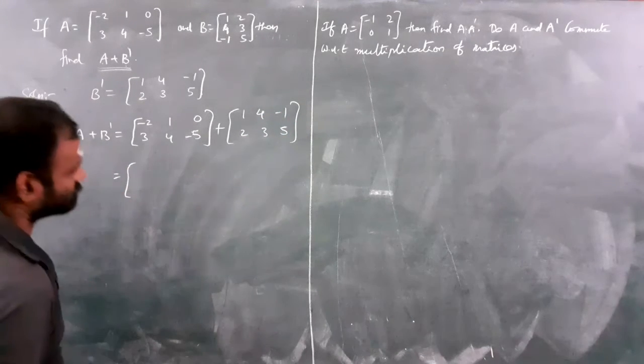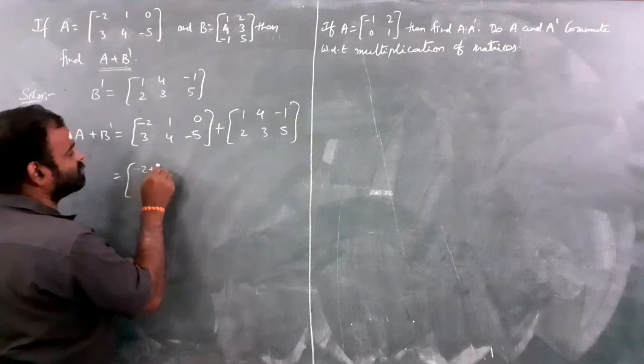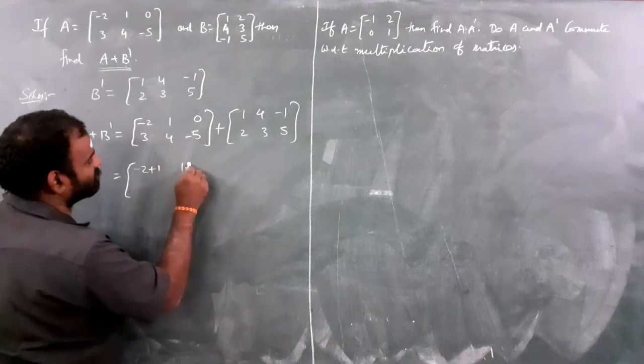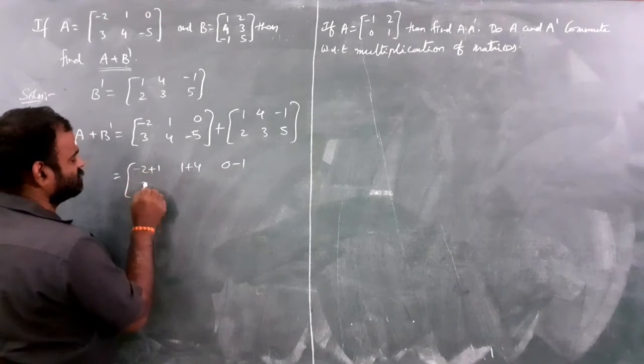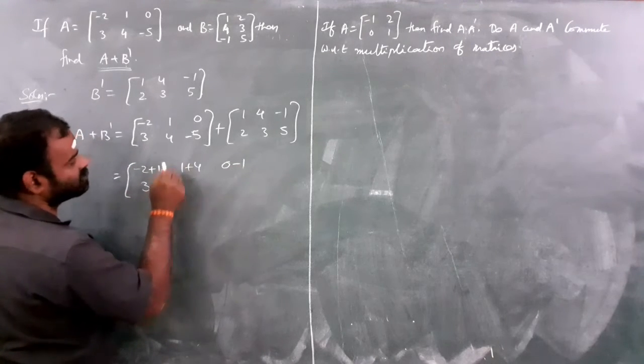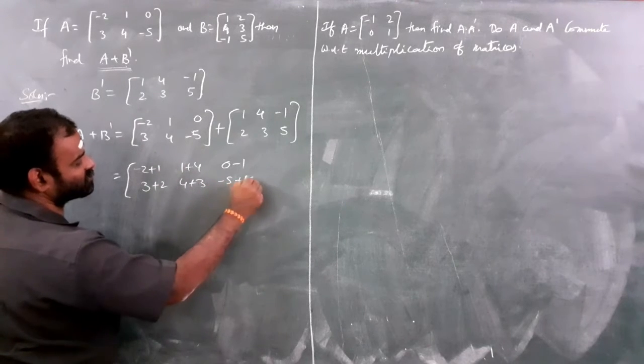Now we are going to add these two matrices: minus 2 plus 1, 1 plus 4, 0 minus 1, and again 3 plus 2, 4 plus 3, minus 5 plus 5.